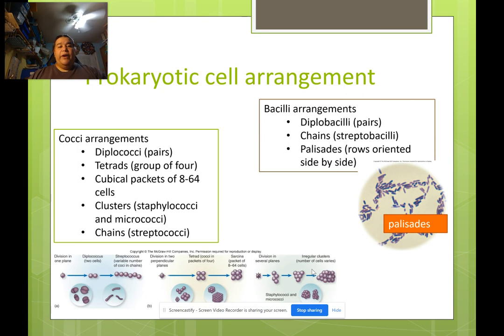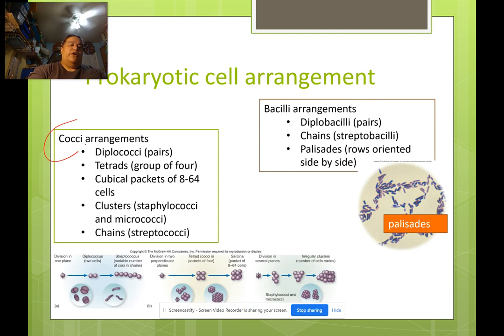So, prokaryotic cell arrangement. This is also one of those things that with bacteria we look at because things tend to have the same type of arrangement. I mentioned this in the last slide when I said you can find them in a bundle, you can find them in pairs. This type of thing actually does play into how we name things.